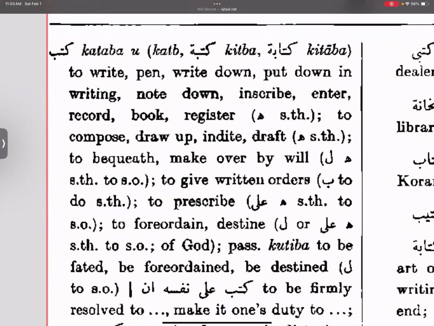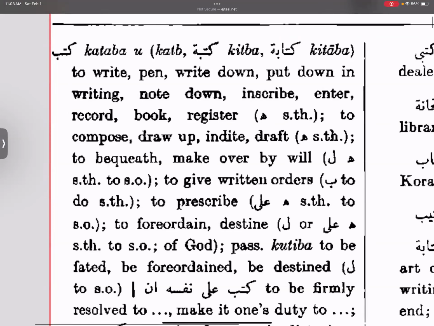Not every verb, but some verbs are always going to come with some preposition. So it says that it is going to come with lam. So lam, to give written orders. If we are saying to give a written order, right, then ba will come.